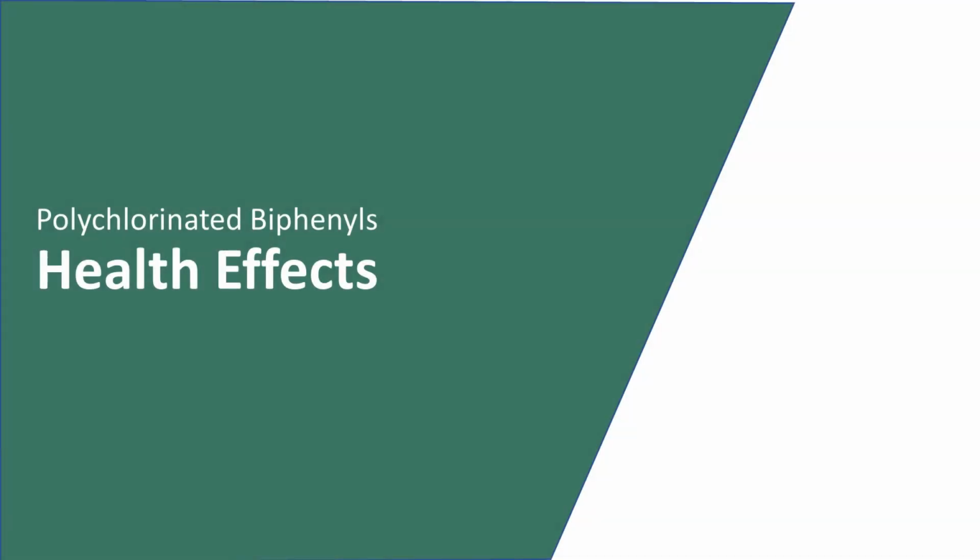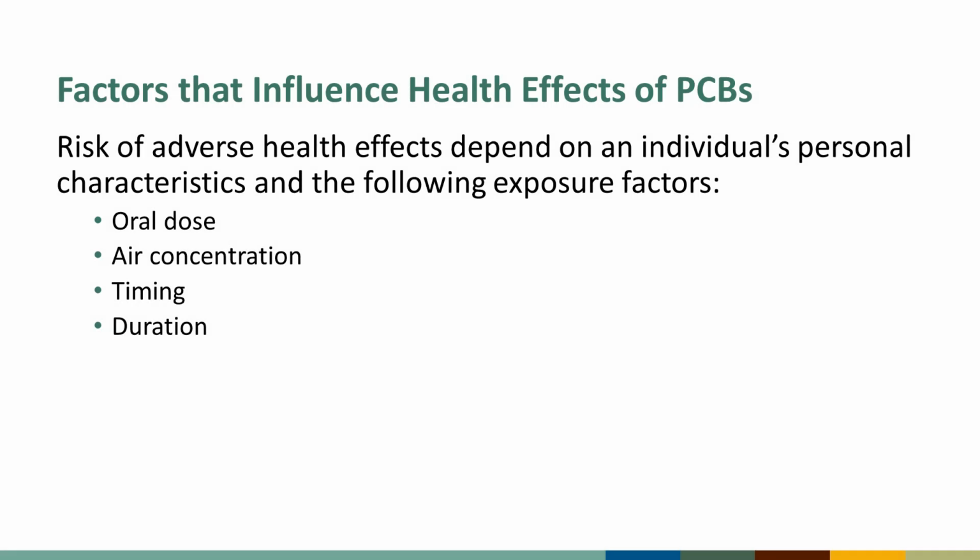Now we will discuss the potential health effects of PCB exposure. An exposed individual's risk depends on many factors. These include the exposure dose, exposure concentration, timing, frequency, and duration. A person's genetic and behavioral characteristics may also affect their risk.